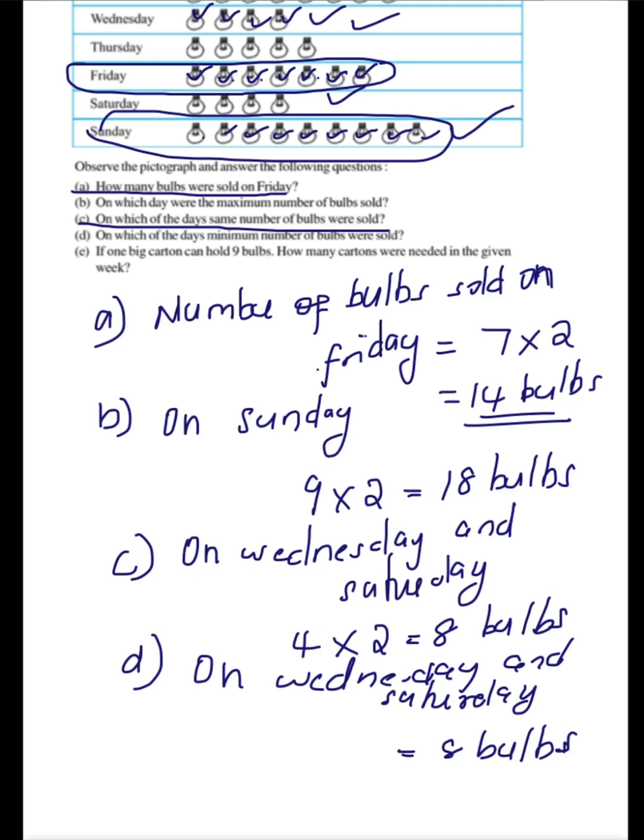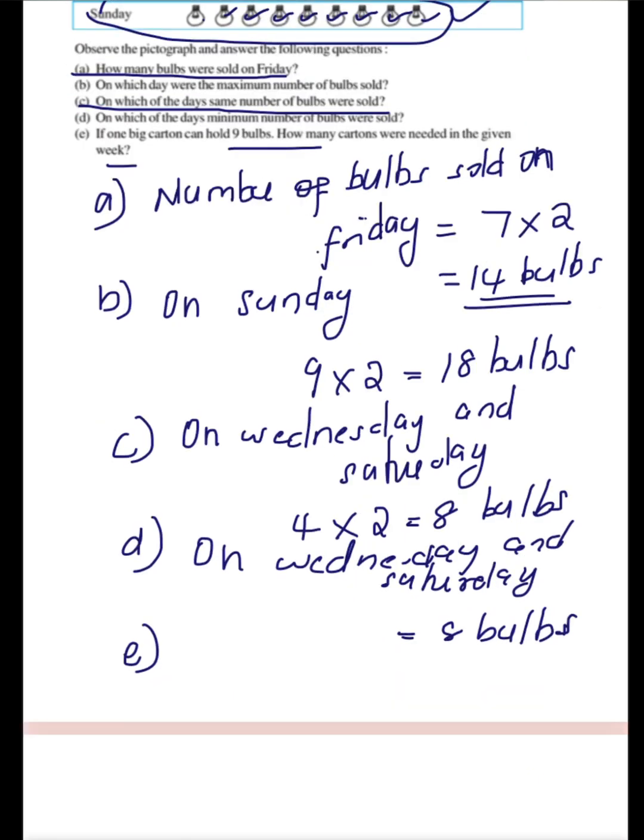Now let's see E. If one big carton can hold 9 bulbs, how many cartons were needed in the given week? That is the question. We have to see how many cartons are needed in the given week. Week means full days. That means you have to first calculate the number of bulbs sold in a week.